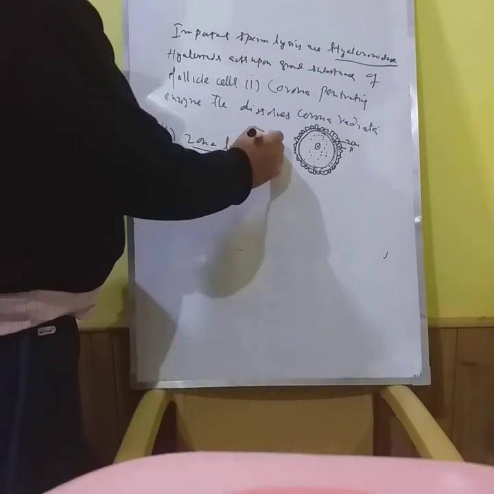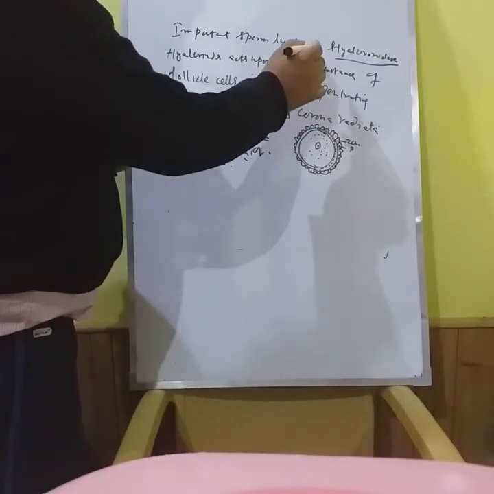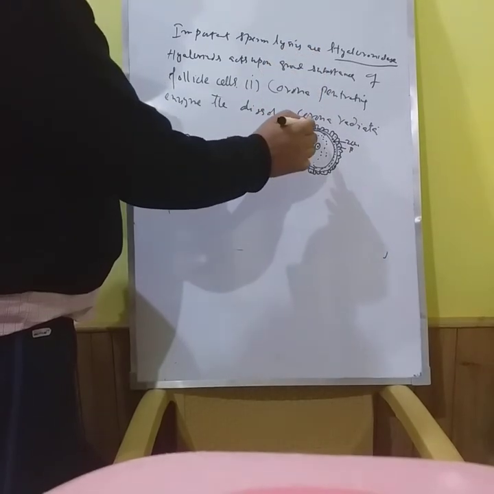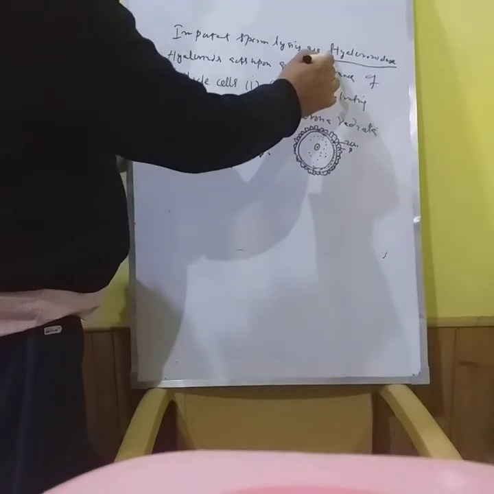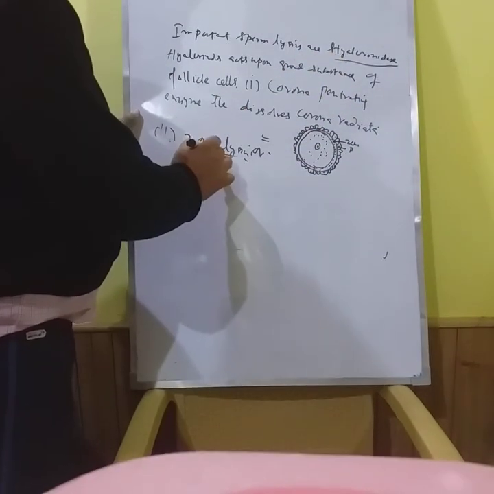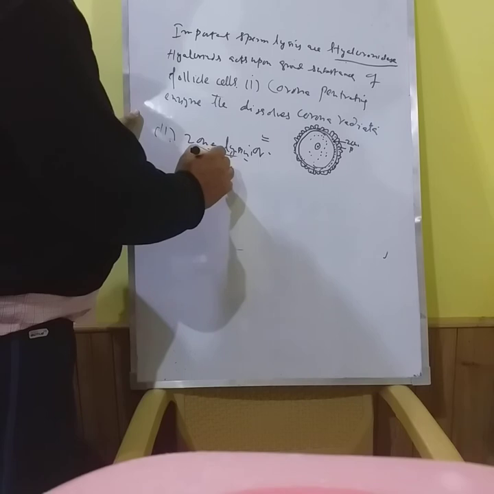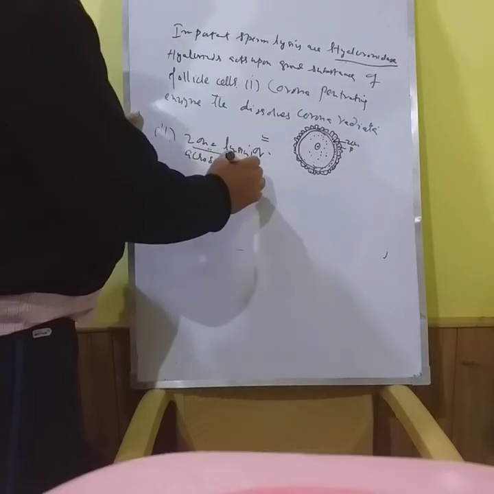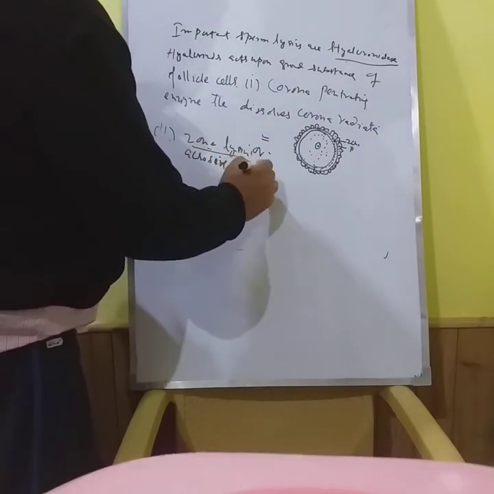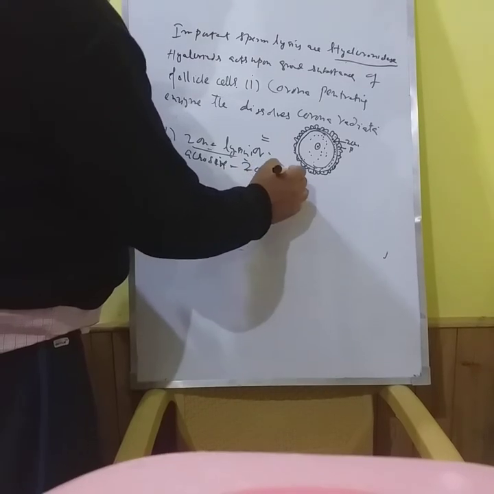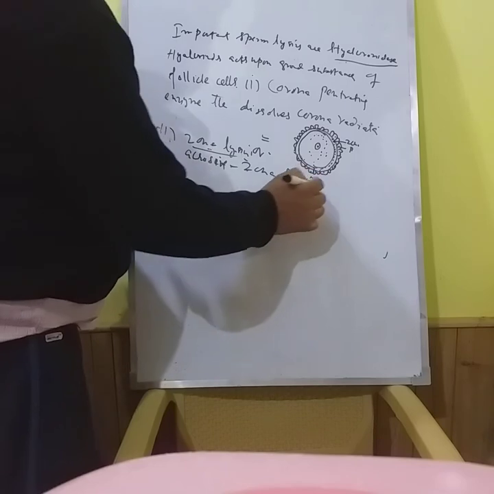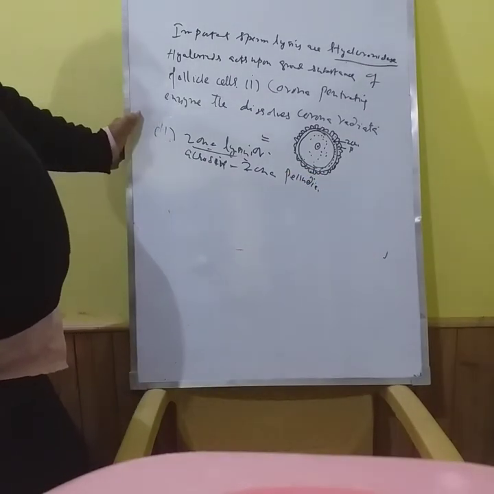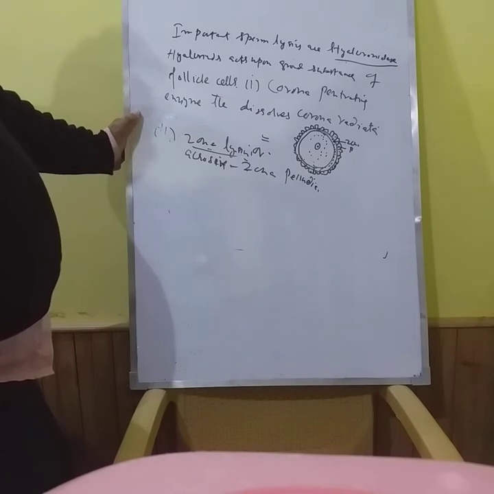We should remember here the two enzymes: hyaluronidase dissolves the corona radiata, and the second enzyme, zonalysin or acrosin, dissolves the zona pellucida.